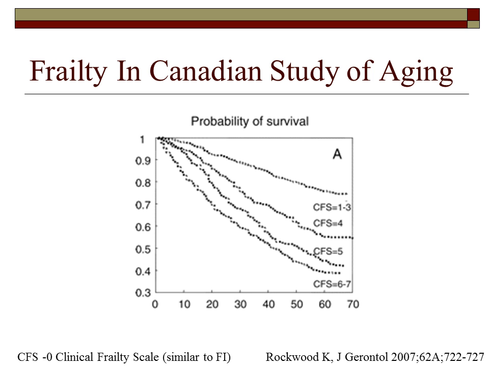This is a study from the Canadian Study on Aging, and again, it has multiple different levels. They were using something called the Clinical Frailty Scale, which is similar to the Frailty Index, and you can see that using this scale, the probability of survival to 60 months, which is on the horizontal axis, was way down to about 0.4, so 60% probability of dying during that time period.